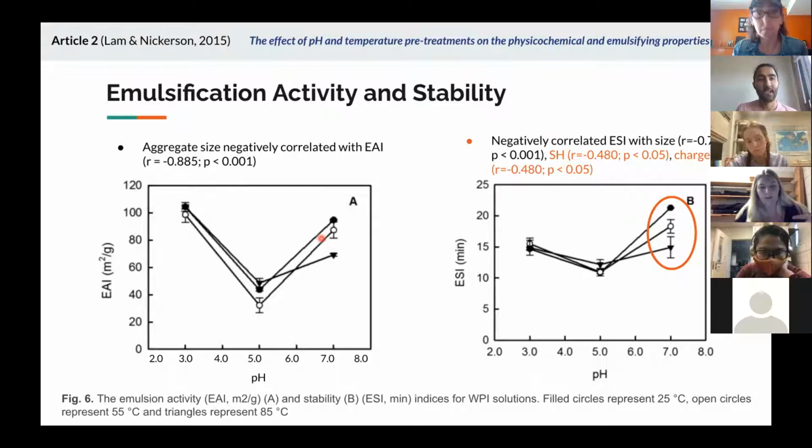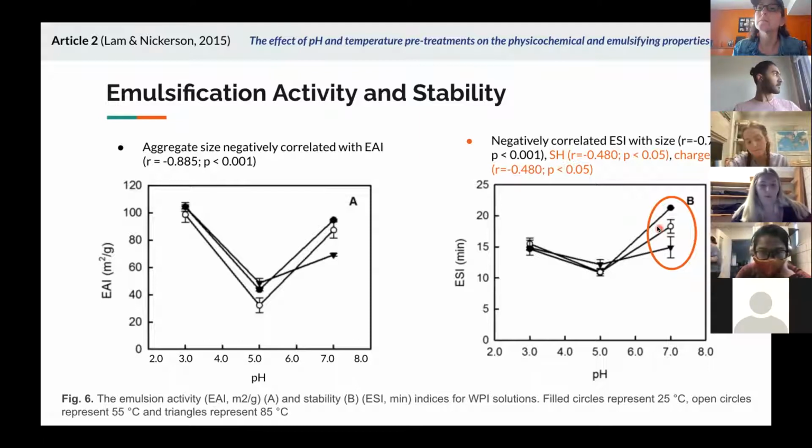This results in the lower emulsification activity. And then at pH 7 and 3, the proteins had faster migration to the interface, and so a higher emulsification activity.